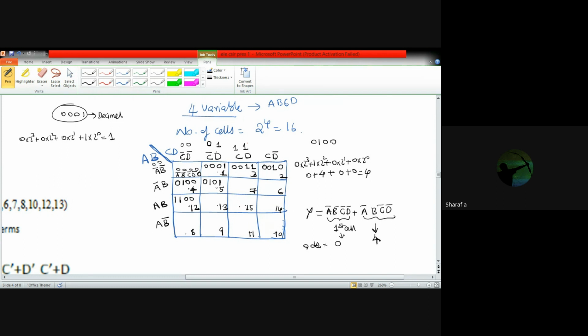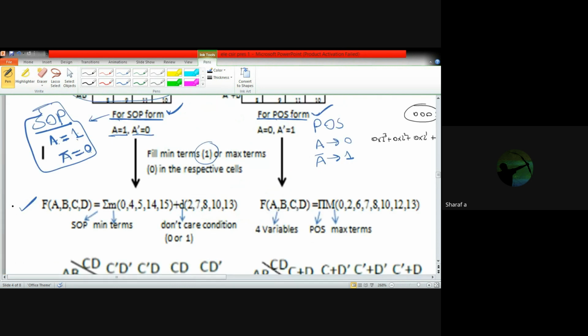And a bar b c bar d bar is this cell, which has address 4. Okay, so when they give an expression, it will be like this, in the sum of product form. When they have given only the addresses, then it will be in this format.